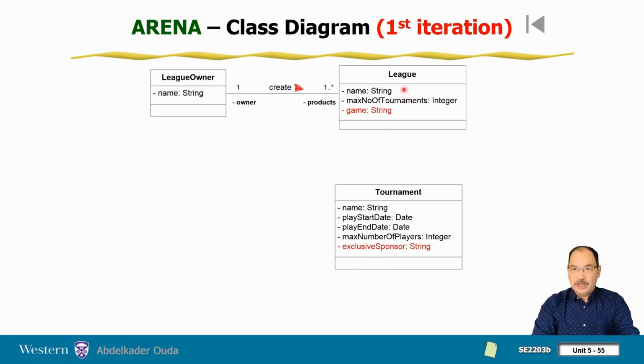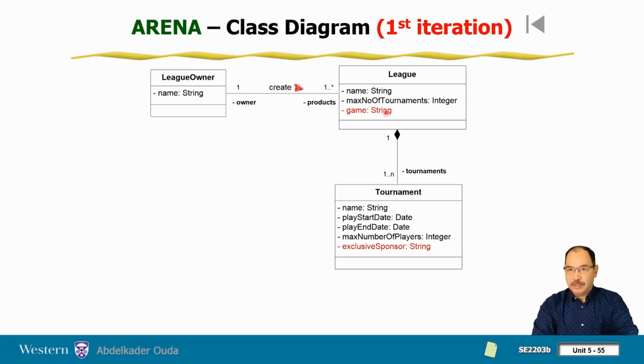And then when you say the league hosts a number of tournaments, we can write here the relationship between leagues and tournament. That means a tournament should be created within a league. That means inside the league class here, we need to write another attribute of type tournament.